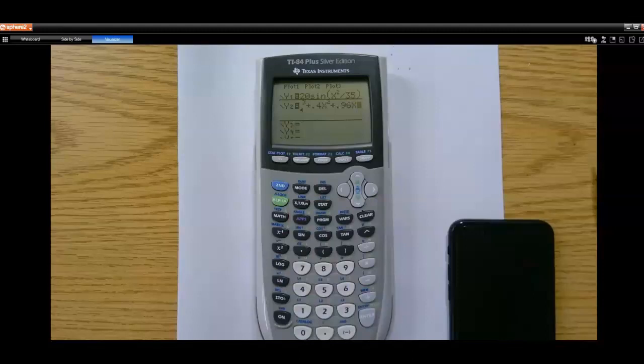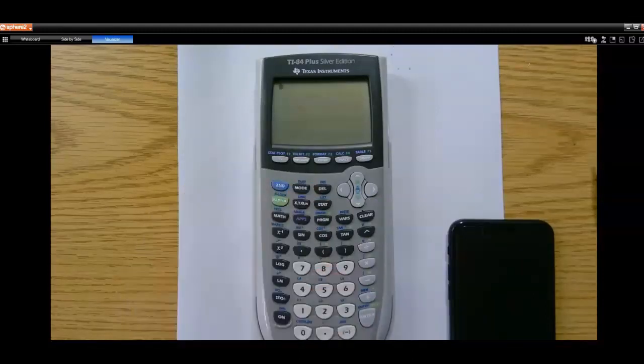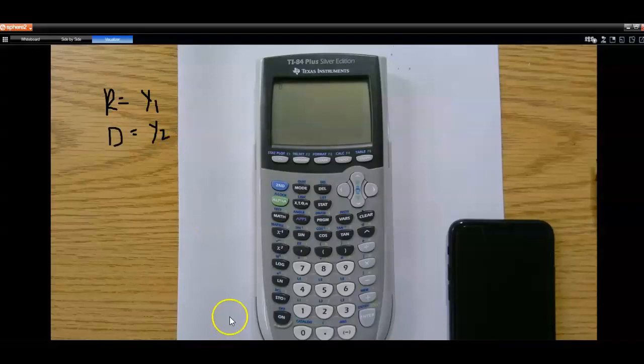Okay, and that's it for now. So we're going to come out of there: push second and quit. We've stored our two functions in there. What you want to remember here is that R is equal to the y1 function and D is equal to the y2 function on my calculator. That's going to come in handy.